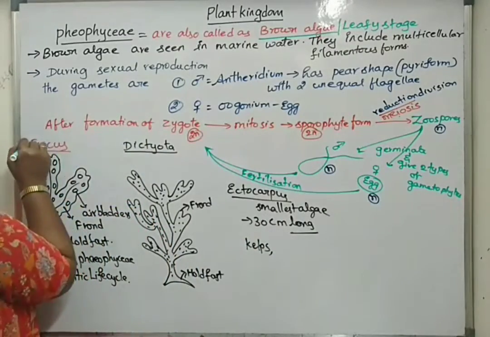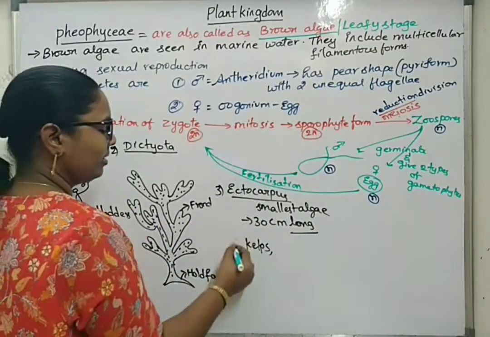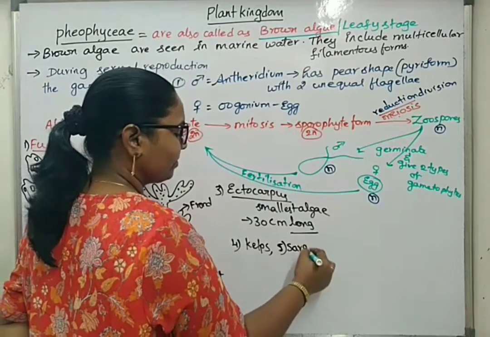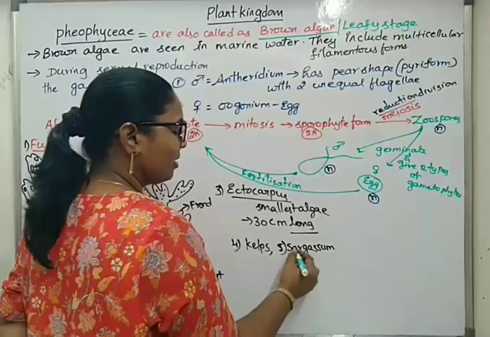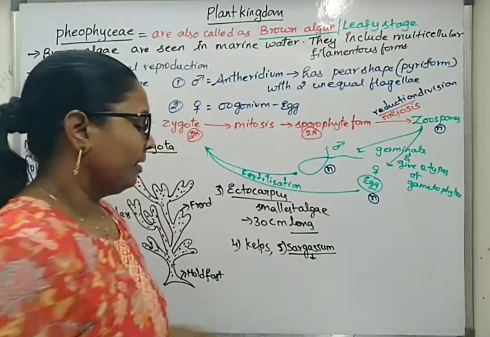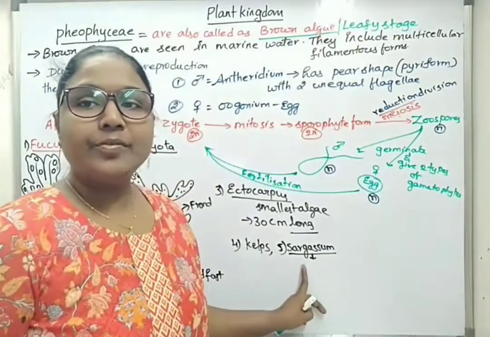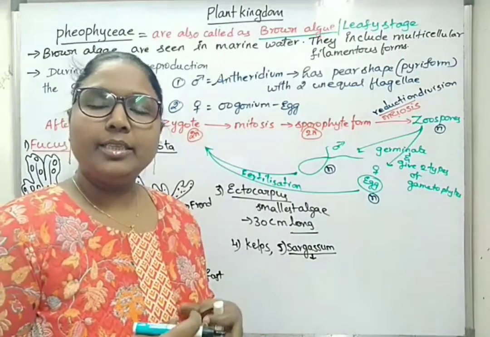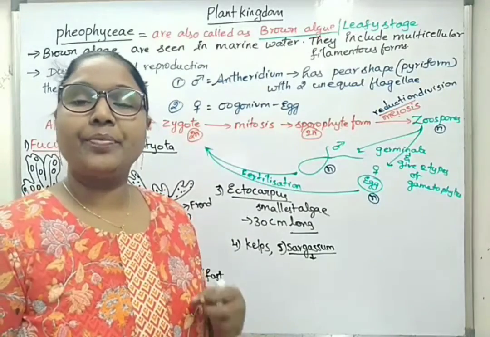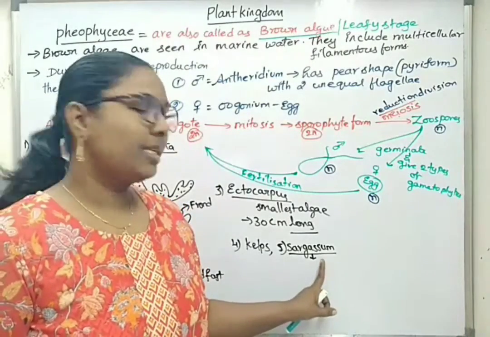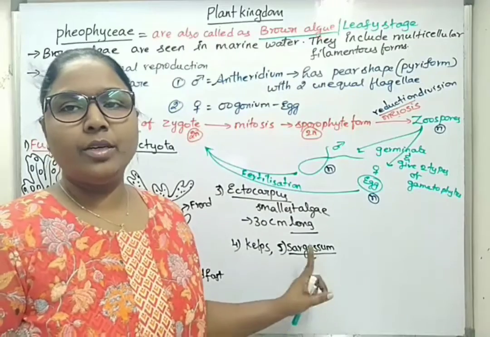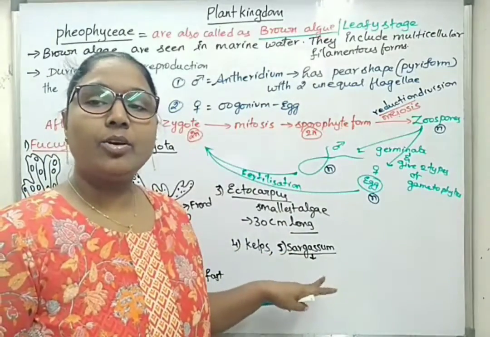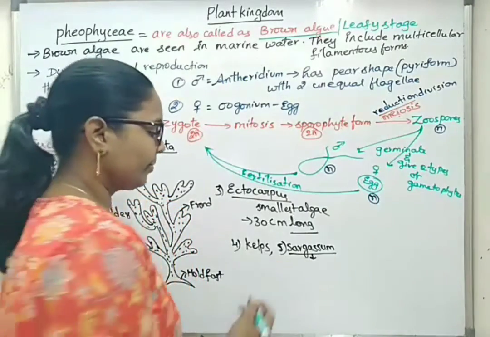So we'll give numbering. This is 1, 2, 3, 4. Next is fifth one, Sargassum. Sargassum is also called as gulf weed. It occupies nearly 1,000 kilometers of area in oceans. In the North Atlantic Ocean, this Sargassum has occupied many thousand kilometers of ocean water. So that region, North Atlantic region, is also called as Sargasso Sea.